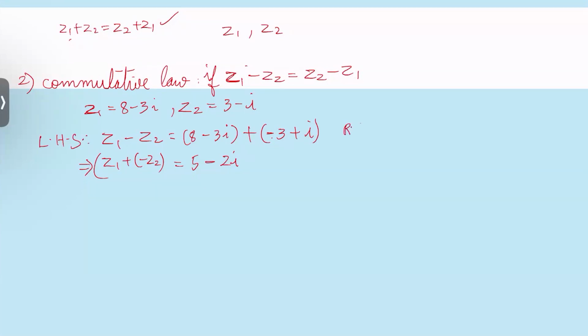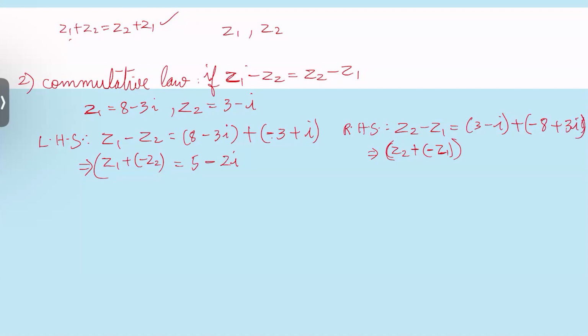Now let's see the RHS. For the RHS we have Z2 minus Z1. We will write it in the form of Z2 plus minus Z1. Z2 is 3 minus i plus the additive inverse of Z1, which would be minus 8 plus 3i.